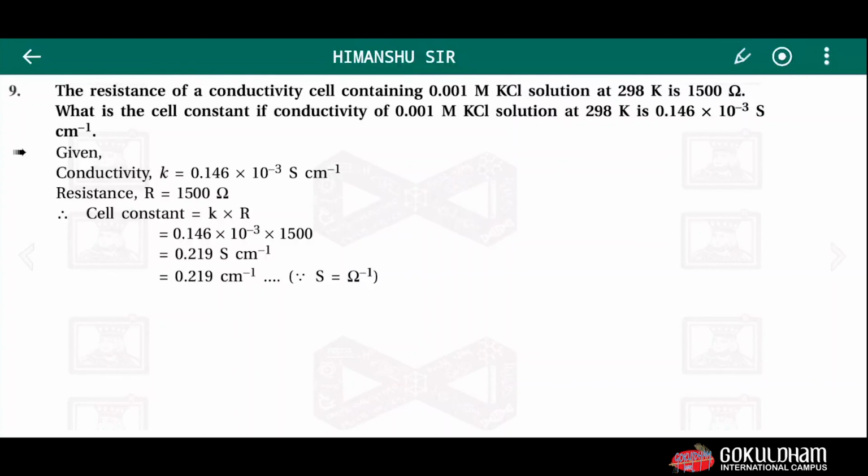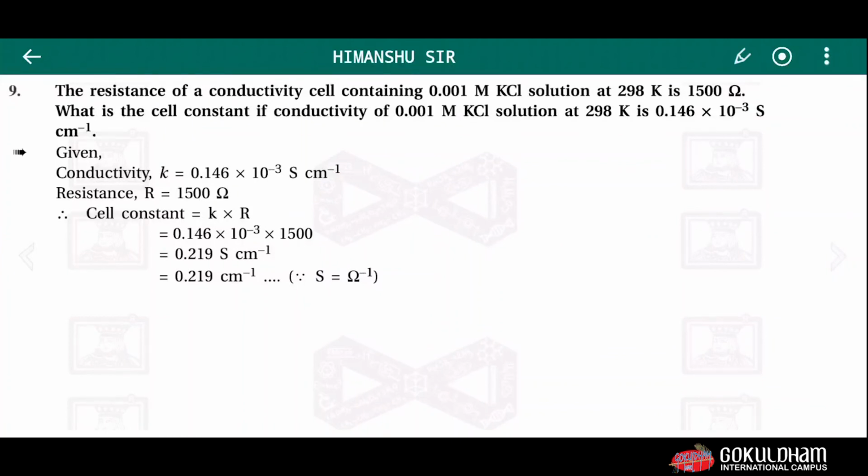The last value, 0.146 into 10 raised to minus 3, is known as conductivity, denoted by K, kappa. And the other detail, 1500 ohm, is known as resistance.